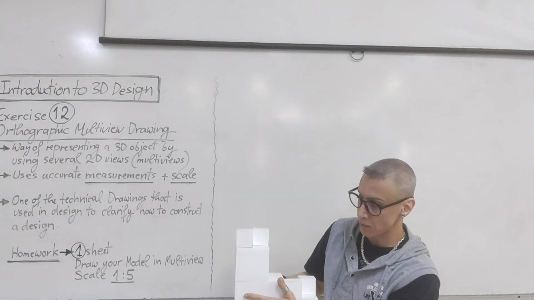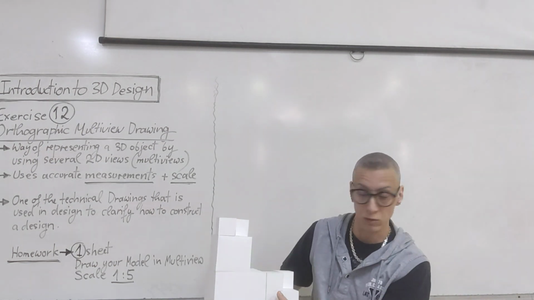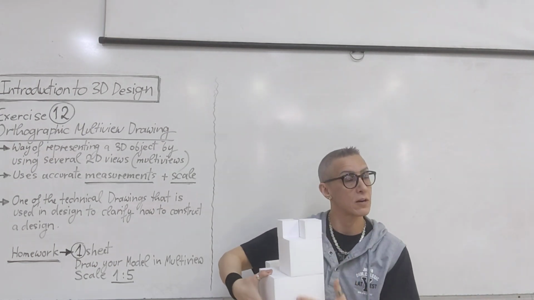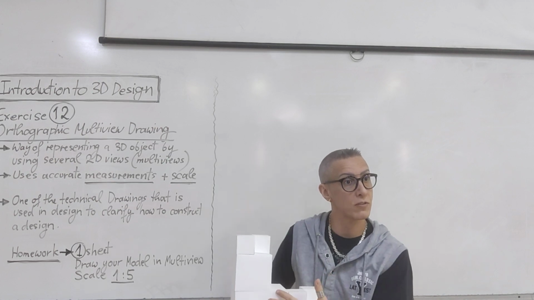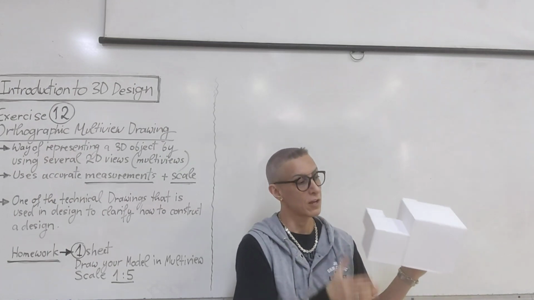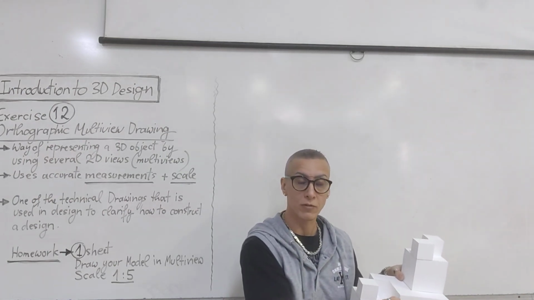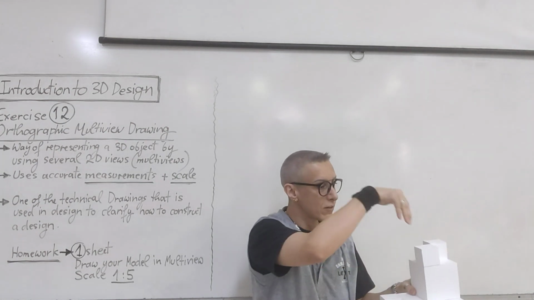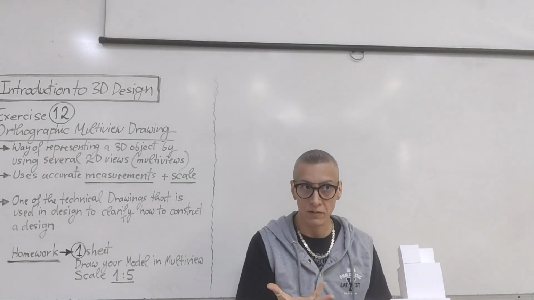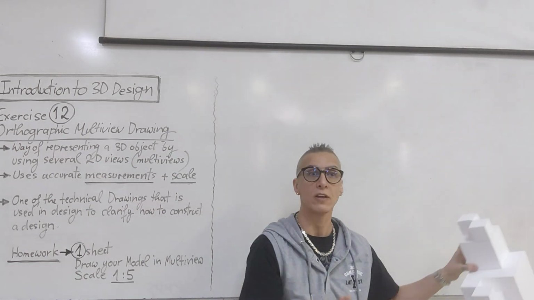If you look at it from here, it will have a particular look. If you rotate it from here, it has some details that we didn't see from here. If you rotate it from here, we see new things. If you look at it from here, we see details that we don't see if we look at it from here. So, from each side, we can see details that if we just look from one direction, we cannot see.